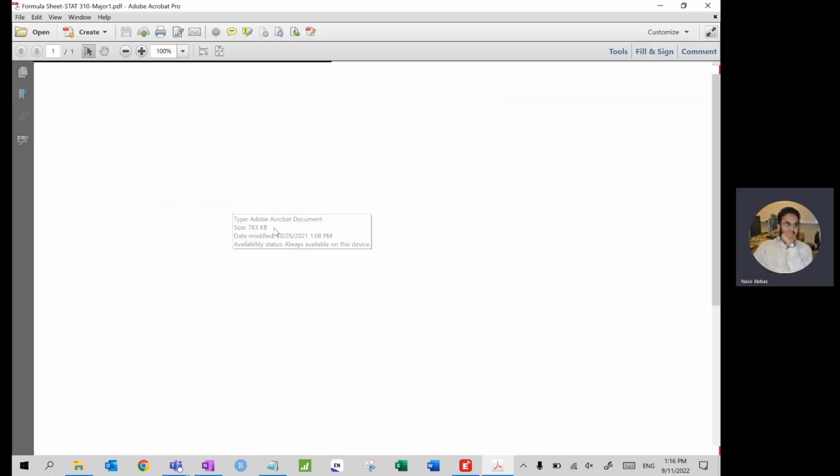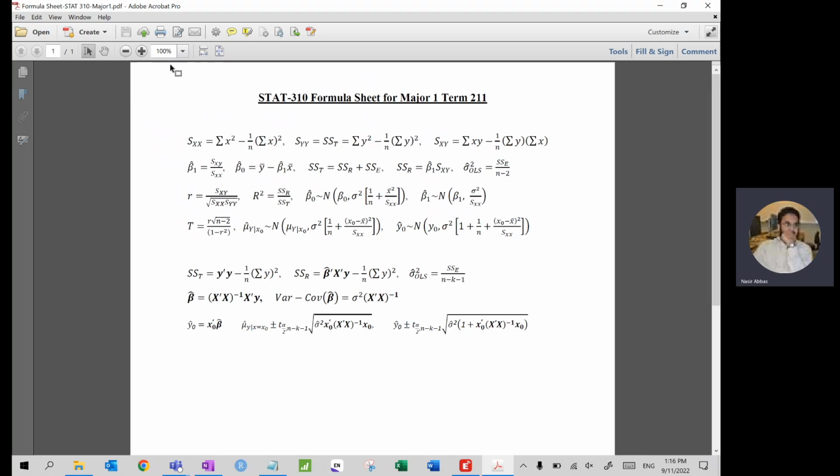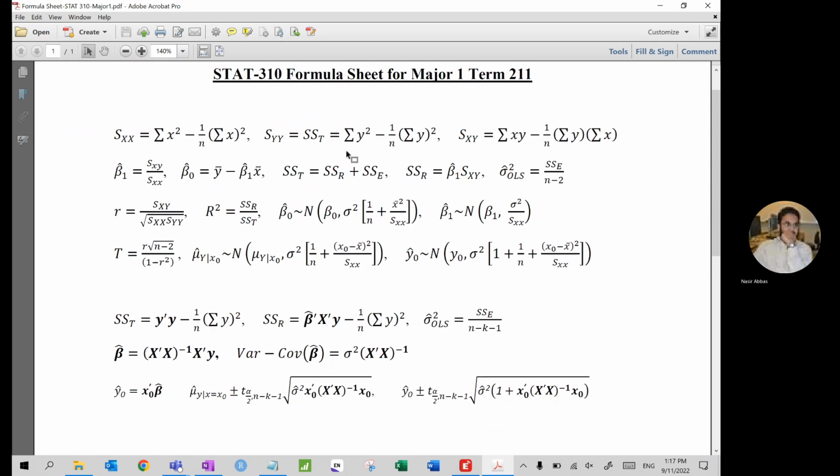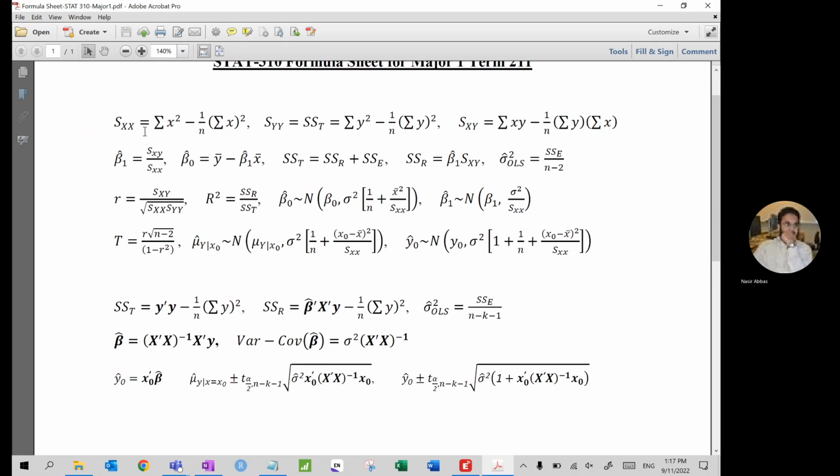This type of formula sheet will be given to you. In this sheet, you can see Sxx is given, Syy is given, Sxy is given, beta 1 hat is given, beta naught hat is given, SST, sigma square hat, these will come later. You see the complete distribution of beta naught hat is given, the complete distribution of beta 1 hat is given, everything is given.